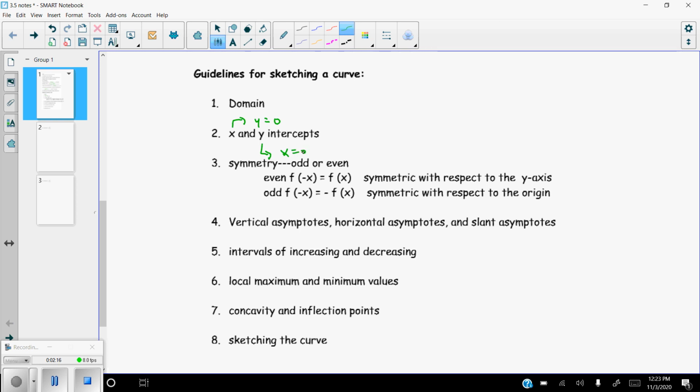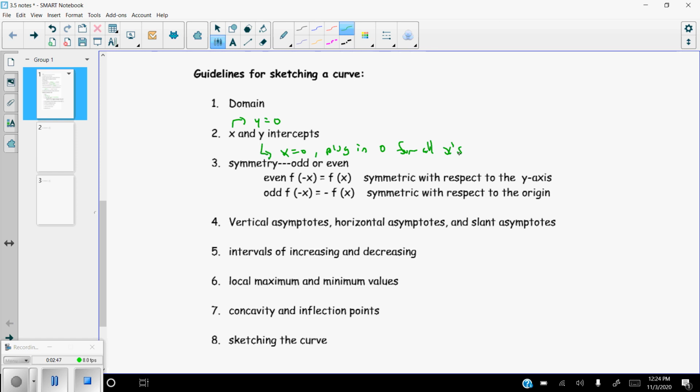The y-intercept is typically the easier one to find. You literally just plug in 0 for all your x's. When it comes to the x-intercepts, a lot of times you have to do some kind of factoring or something else, because you place 0 in for y, and then you'll have to solve it for x in some fashion.